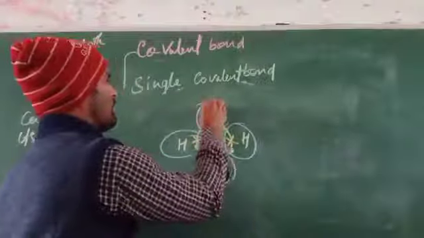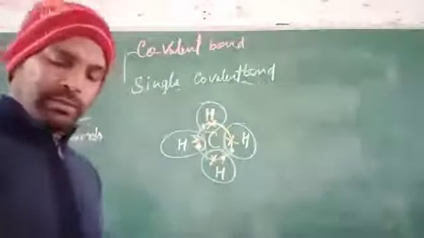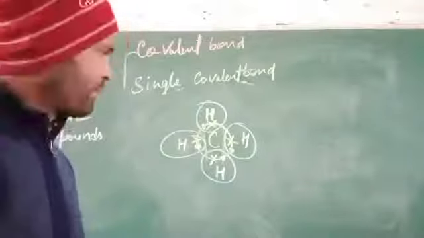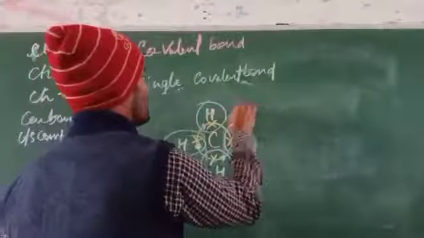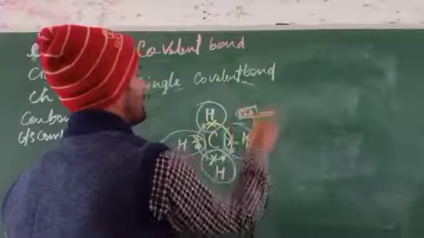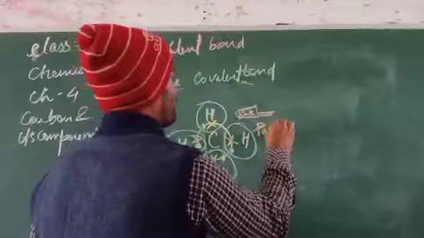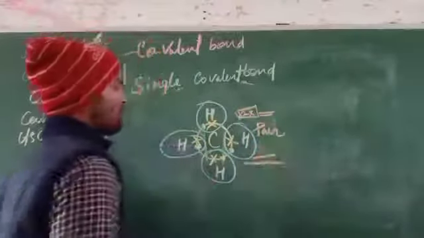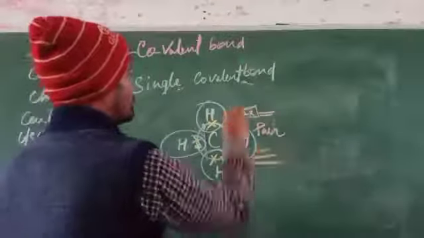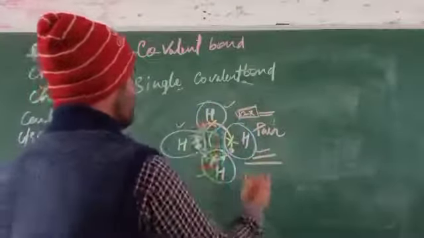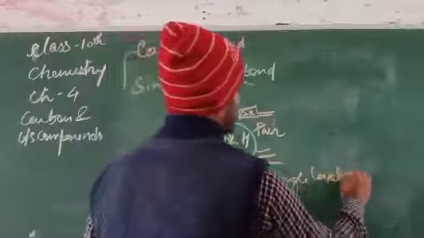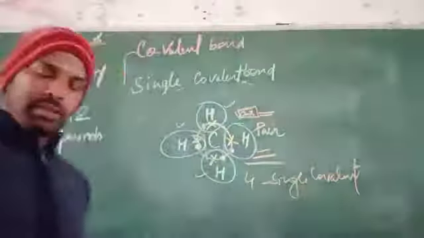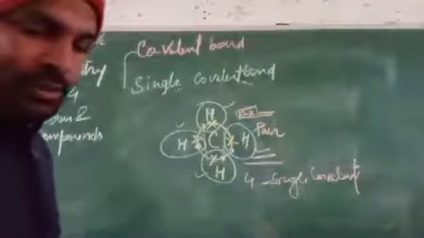So a single electron gets shared in that case, a pair of electrons. Here two electrons get shared, that is a pair of electrons in each case. So that will form four single covalent bonds in the case of methane, that is CH4.